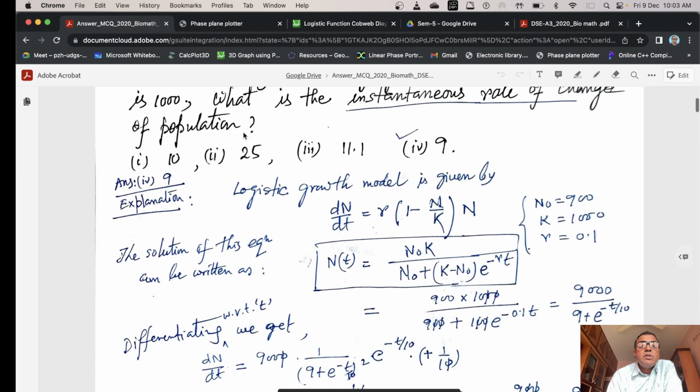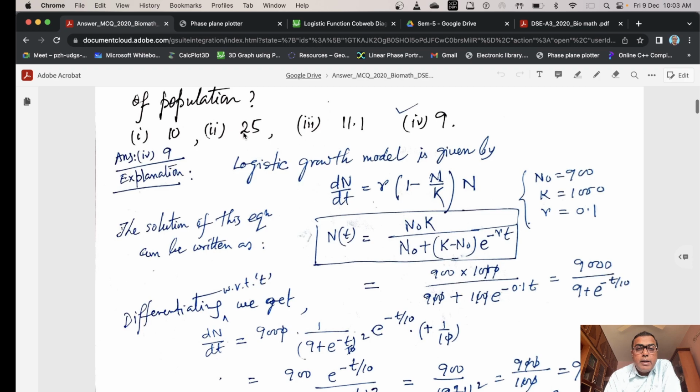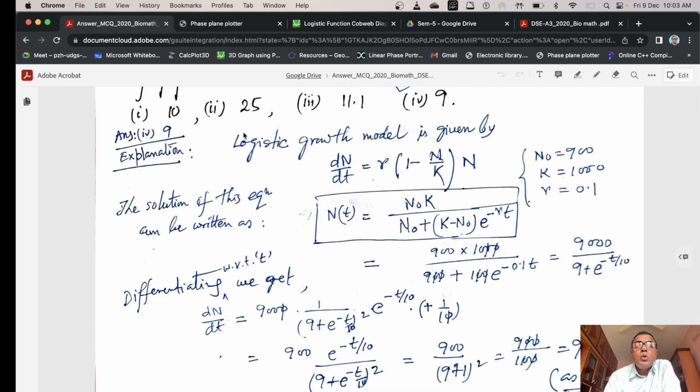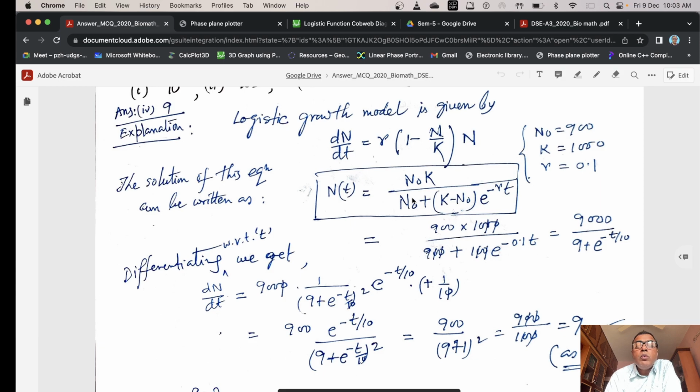So, the logistic growth model is given by dN/dt equal to r(1 minus N by K) times N. And the solution of the logistic growth model is given by N(t) equal to N0 K divided by N0 plus (K minus N0) e to the power minus rt.